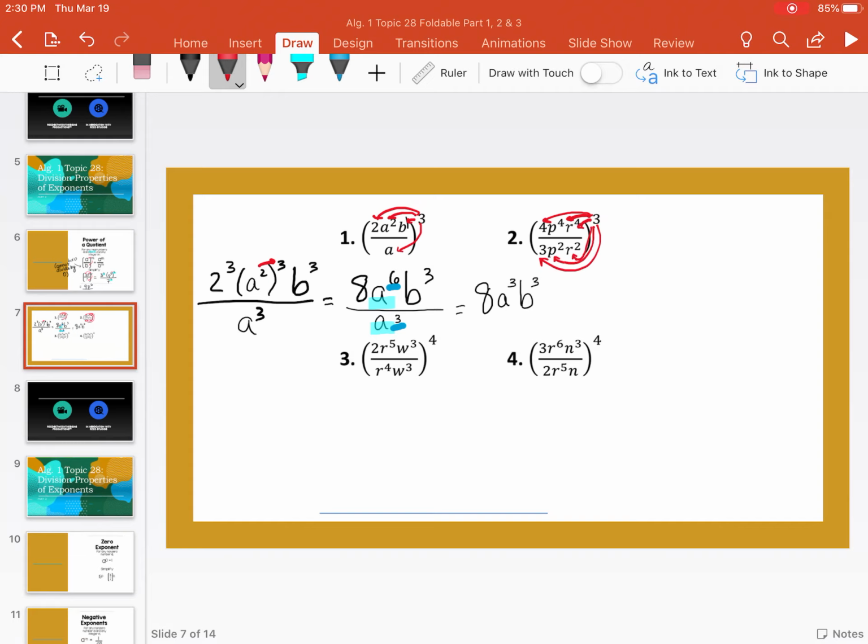Getting a little messy. And then we're going to rewrite it. So we're going to have 4 cubed, p to the 4th cubed, r to the 4th cubed, all over 3 cubed, p squared cubed, r squared cubed.